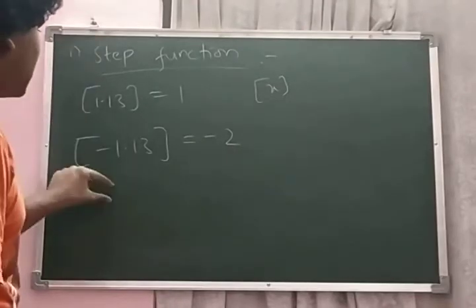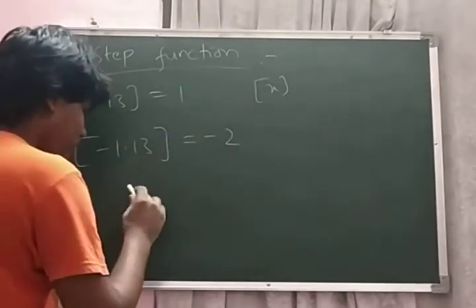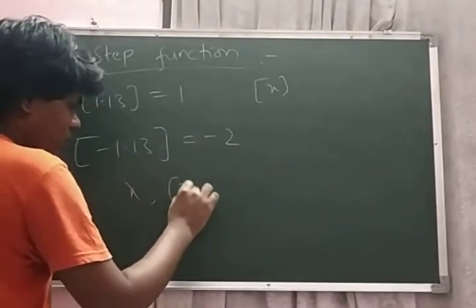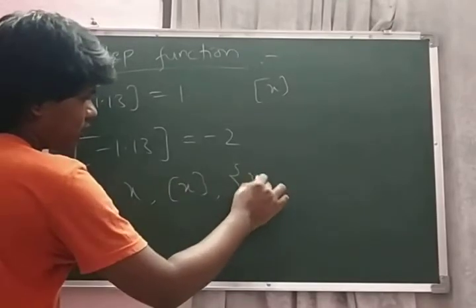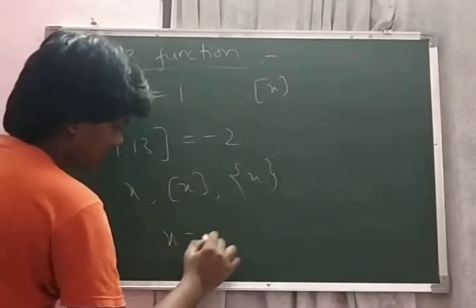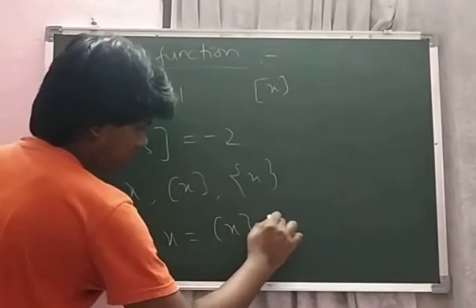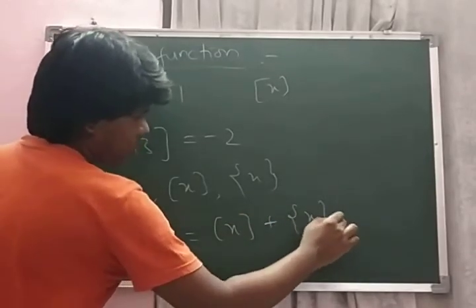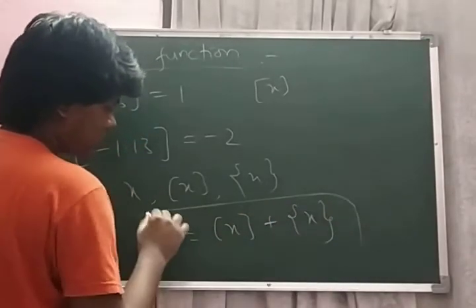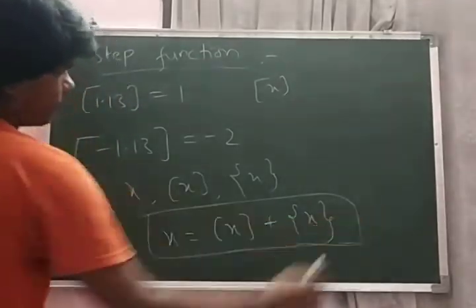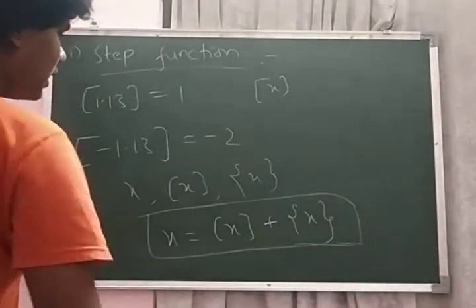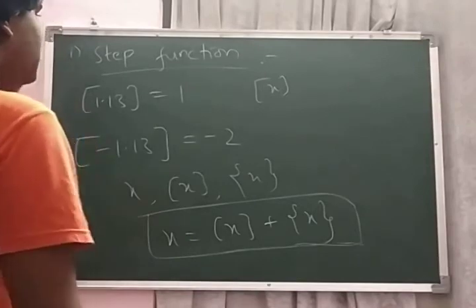So these are step functions. What is the relation between x, closed bracket of x and flower bracket of x? It is x equal to, so this is the relation between these three terms. It is a very important relation while solving the problems.